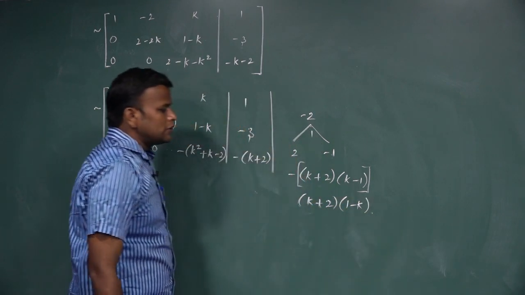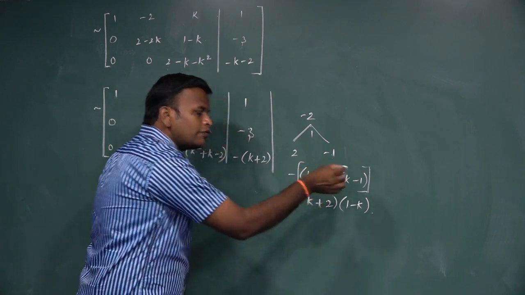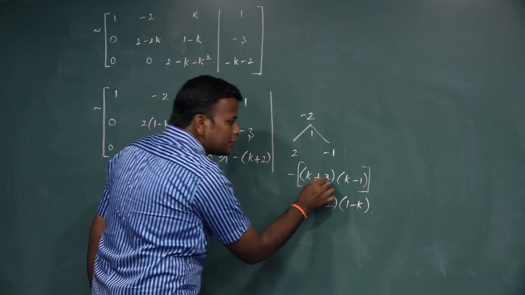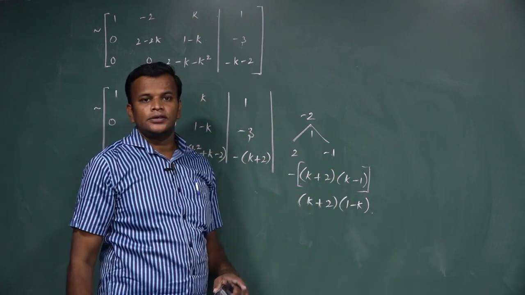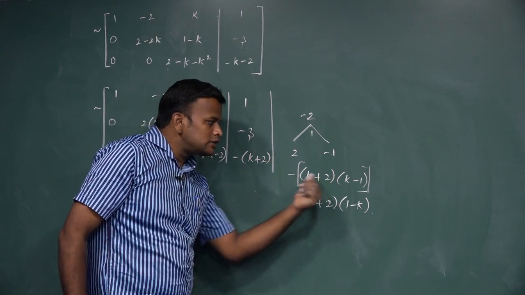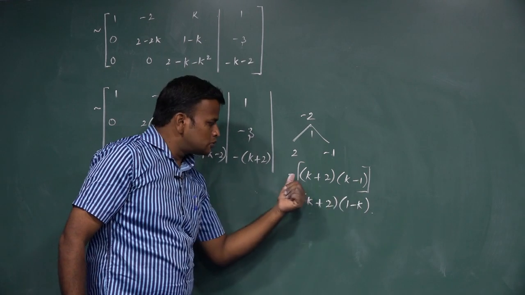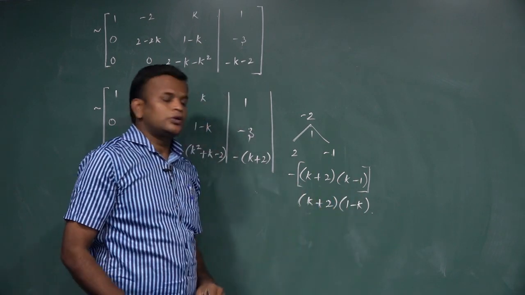Do you identify this step? I multiply this minus into any one other factor. It's not two terms, it's only one term, so this minus multiplies into any one other factor. So k plus 2 I write, and I multiply the minus inside this factor. So minus into k, minus k. Minus into minus 1 is plus 1.